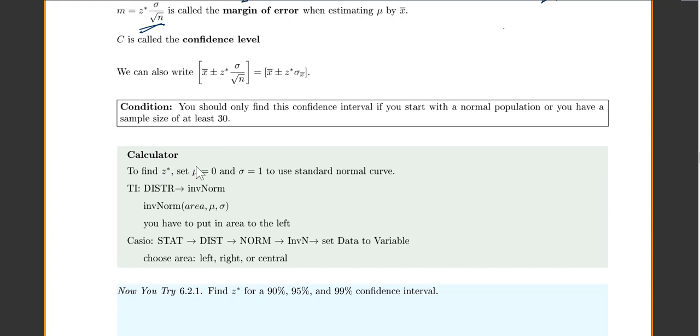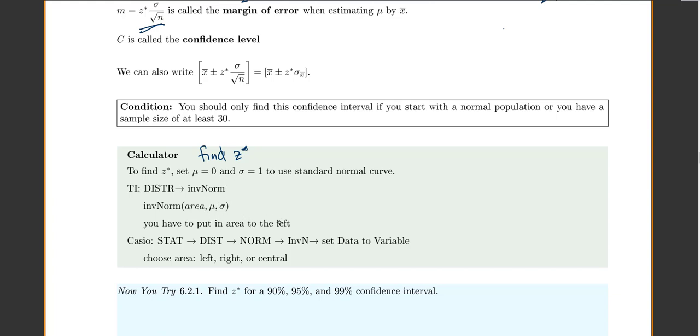So for our calculator, this is just our calculator part to find z star. To find z star, z is for our standard normal curve. We'll set mu equal to 0 and sigma equal to 1, so we can use that standard normal curve. And in our TI or Casio, we'll just be looking for an inverse normal function.